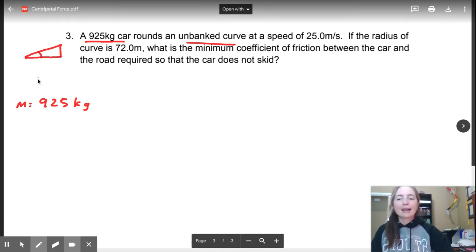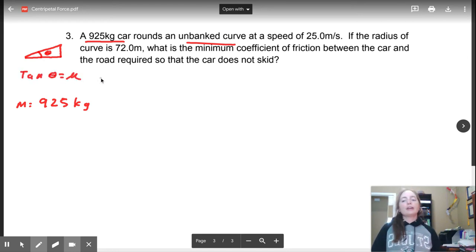They're banked at an angle, okay? Now, I'm not going to be giving you guys equations based on this. However, tan theta on a banked curve for this question equals mu.